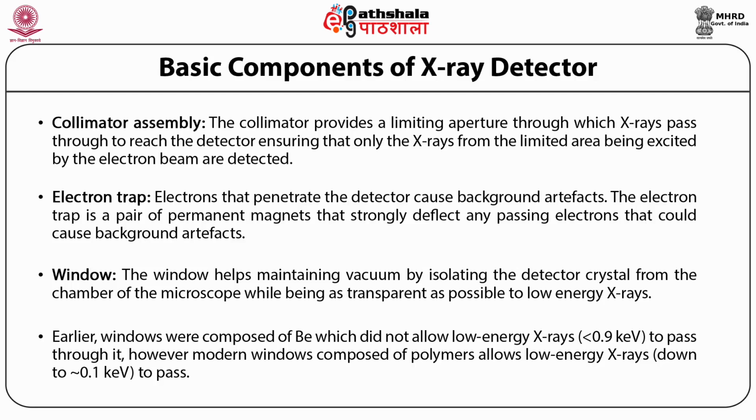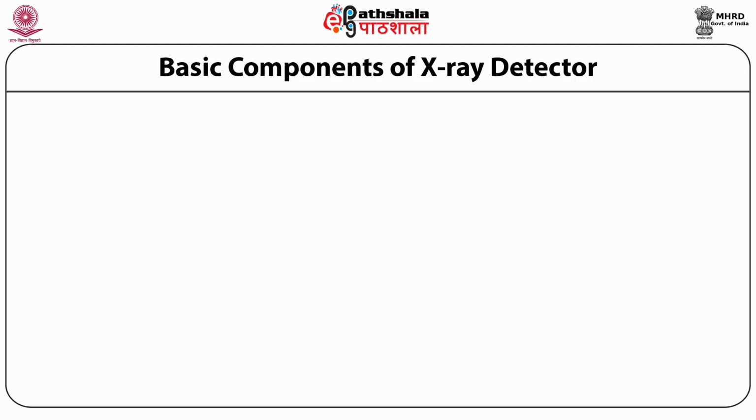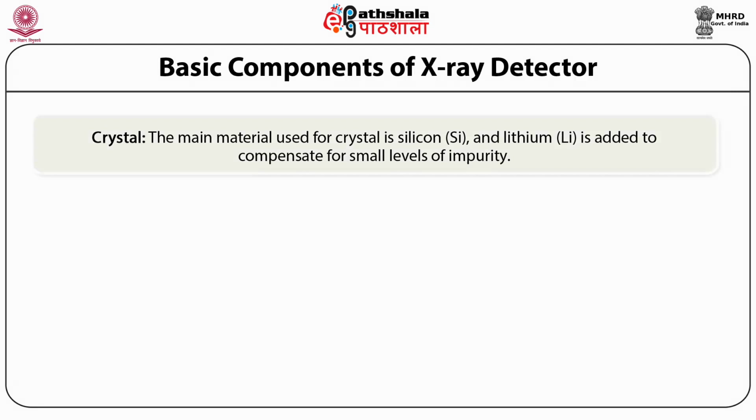However, modern windows are composed of polymers and allow low energy X-rays down to around 0.1 kiloelectron volt to pass. The fourth component is the crystal. The main material used for the crystal is silicon, and lithium is added to compensate for small levels of impurities.